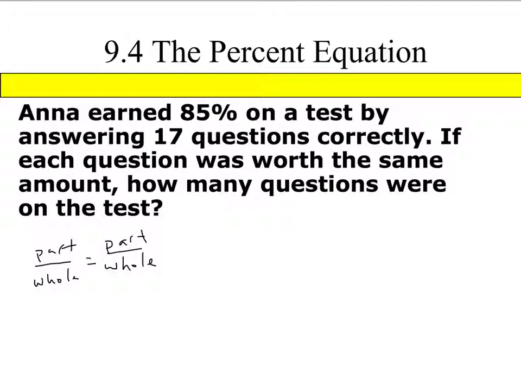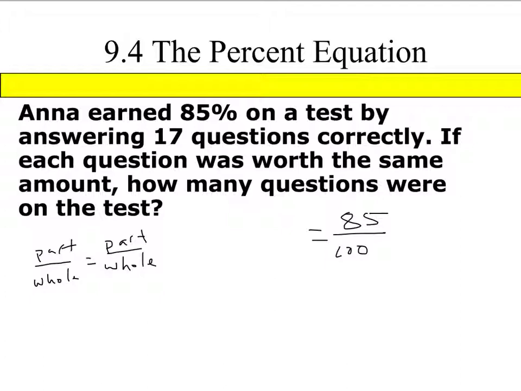Now, the way I look at this, we know that a percentage is always over the same number. What is a percent always over? It's going to be over 100. So we know that 85 is going to be over 100. However, on the left side, we are not quite sure how this works.